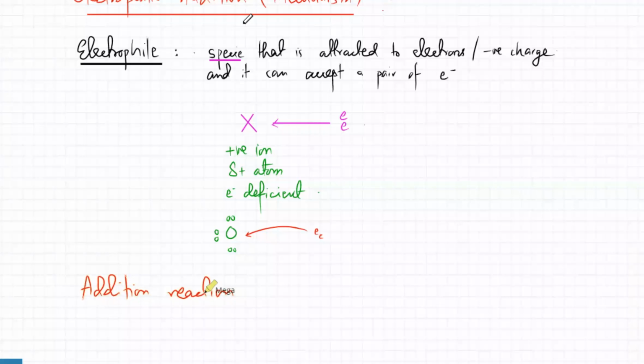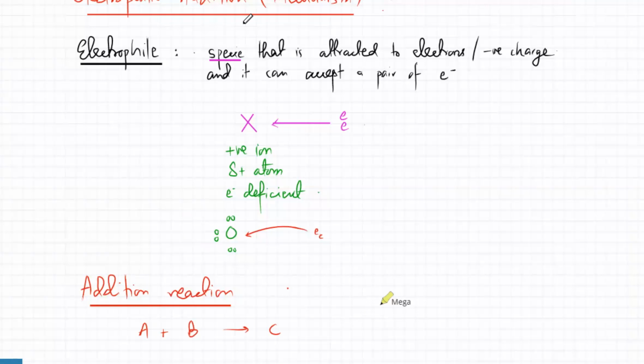We'll do each one of them, but this one is an addition reaction. Just as the name states, you can tell a reaction is an addition reaction if 2 things simply get added. Let's say there's A and there is B, and they simply get added and form a single molecule C. No other thing is produced.